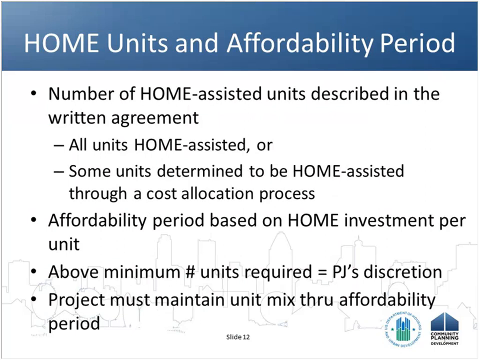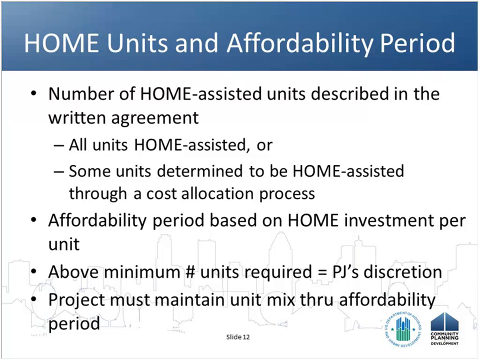And then our affordability period is going to be based on our HOME units and looking at that average investment per unit. We have some minimum numbers on that, but as part of our funding process, we may have been able to negotiate and have more units designated as HOME units than what those minimum requirements might be.